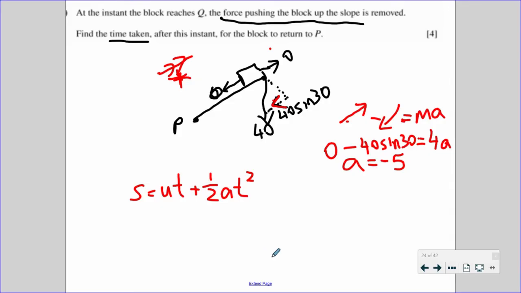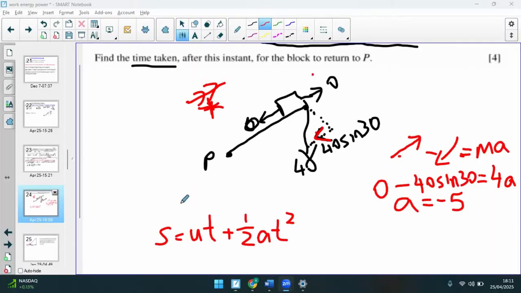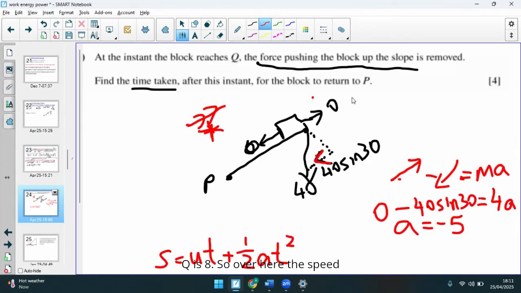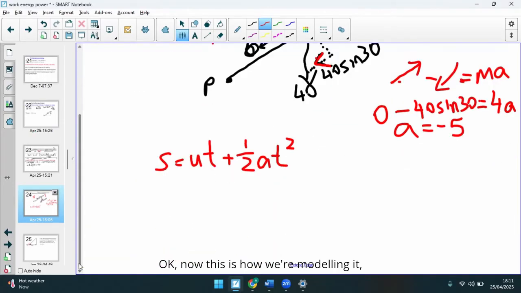Okay, so right now the speed at Q was 8. From the question it said speed at Q is 8. So over here the speed was 8 and moving this way. Now this is how we're modeling it.